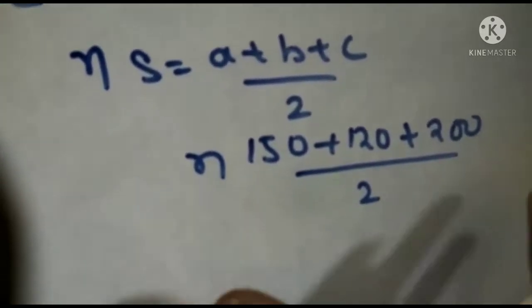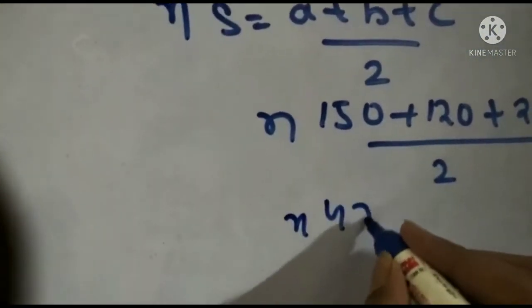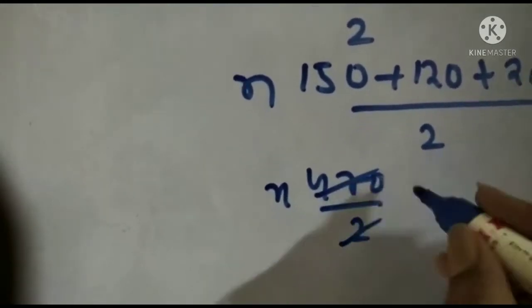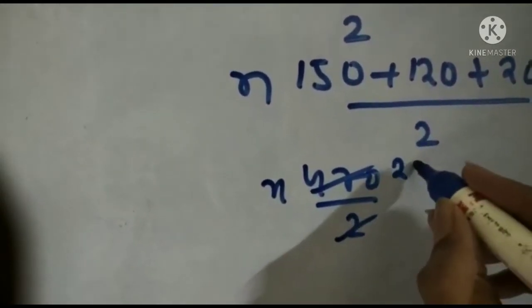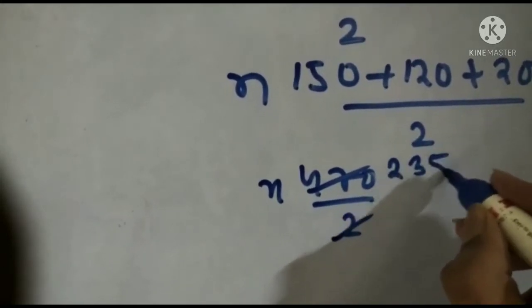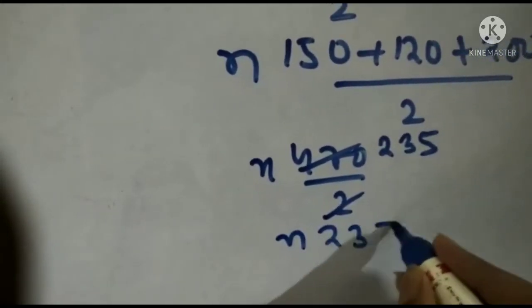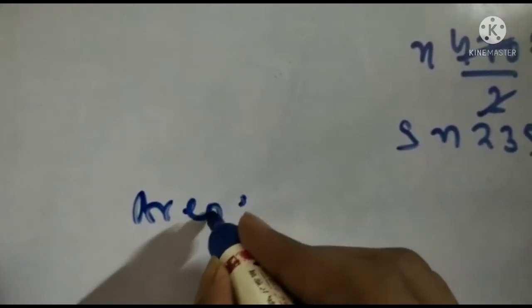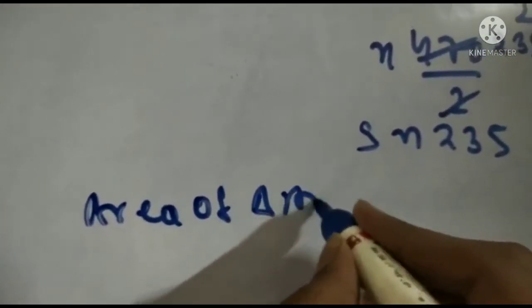Now after adding this you will get 470 by 2. After cancelling, you will get 235, that is s is equal to 235. Now from here you have to find the area of triangle ABC.